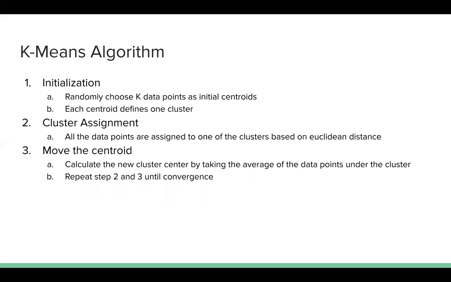Once you pick the centroids, you evaluate your system. Evaluation means you assign a cluster value to each of the points in the data. Once the cluster assignment is done, you take the average of all the points and find a new centroid.